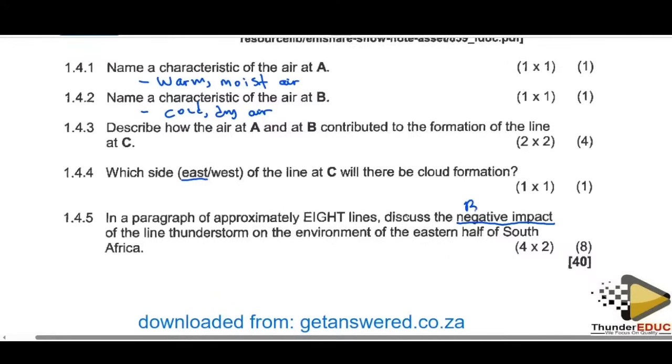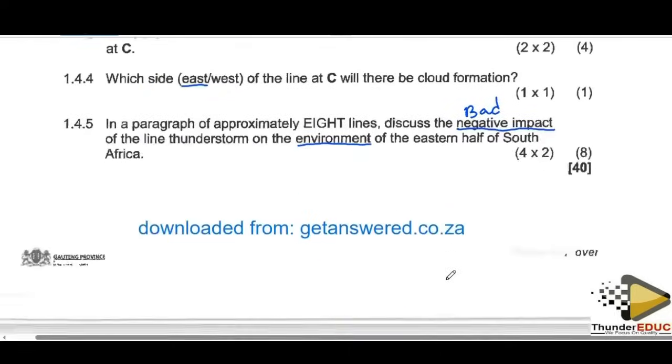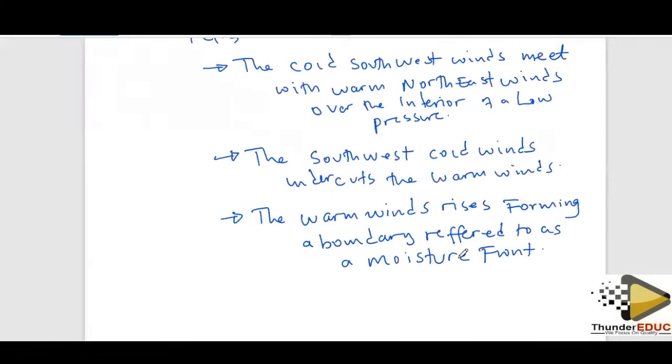This is negative, in a bad way. And they're saying on the environment, so we need to take note of this, on the environment of the eastern half of South Africa. Okay, let us try to look at those negative impacts of the line thunderstorm on the eastern half of South Africa.